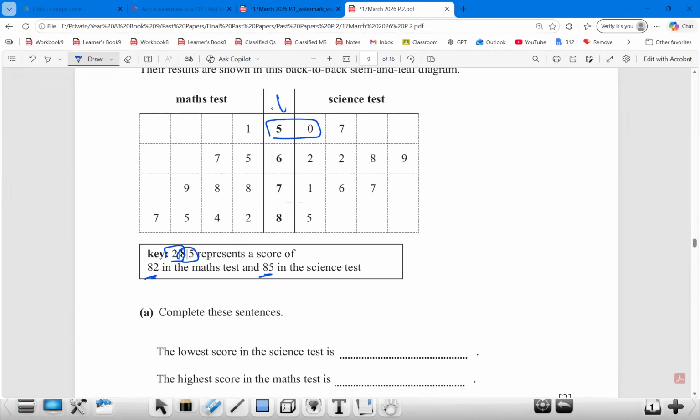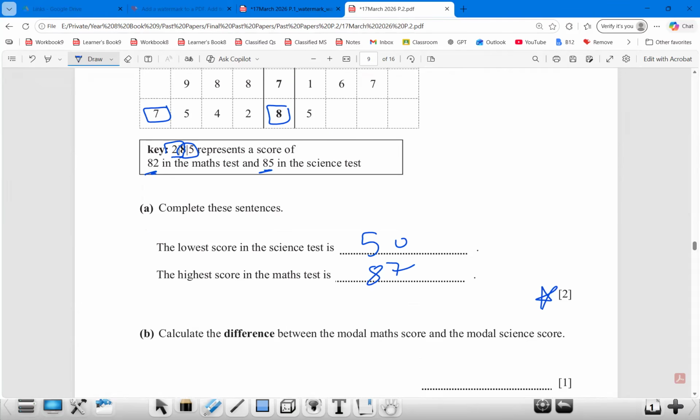So the stem is the tens place. So here is 50. Lowest score in science is 50. Highest score in math is 87. Congratulations. You've just got 2 marks.